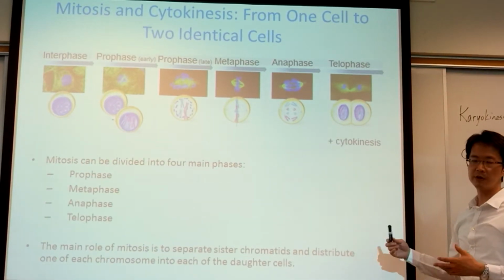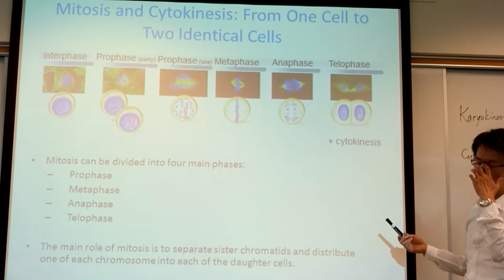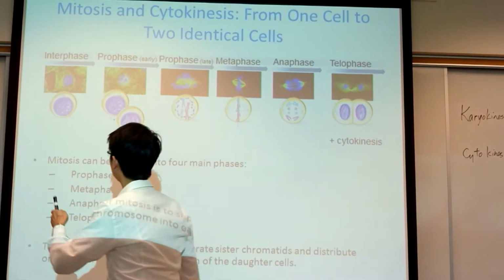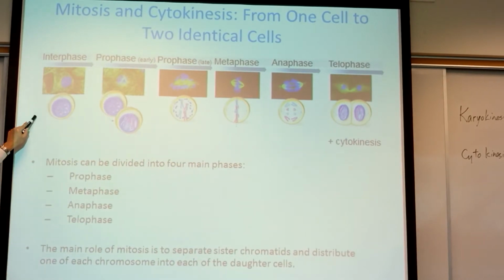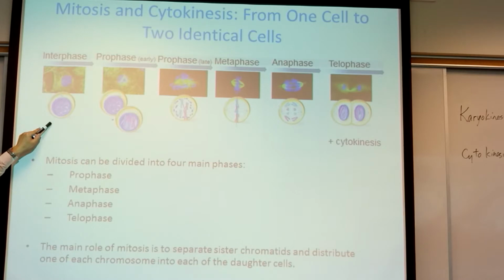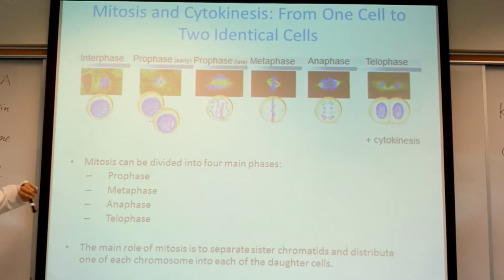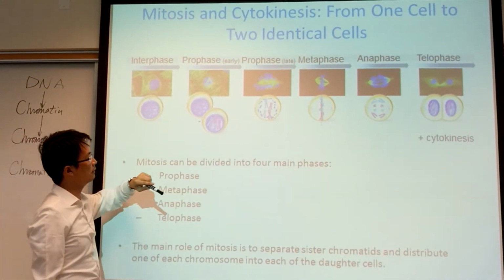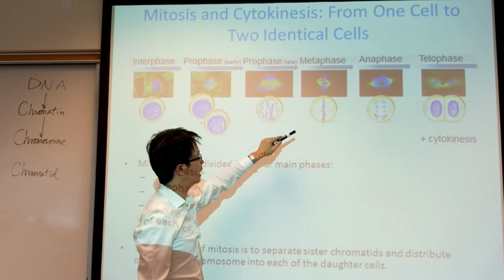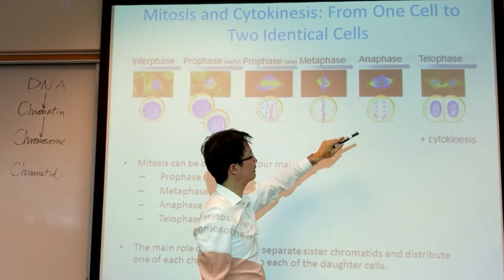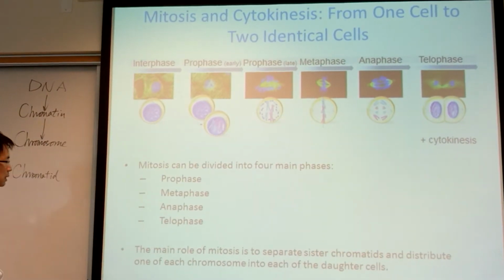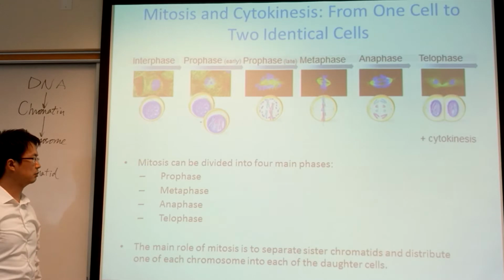So this is the brief overview of the mitosis cycle. At first, it starts with interphase, and then after interphase comes prophase. And then after that, the metaphase. After metaphase, you have anaphase, and at the end, you have telophase. So what about mitosis?